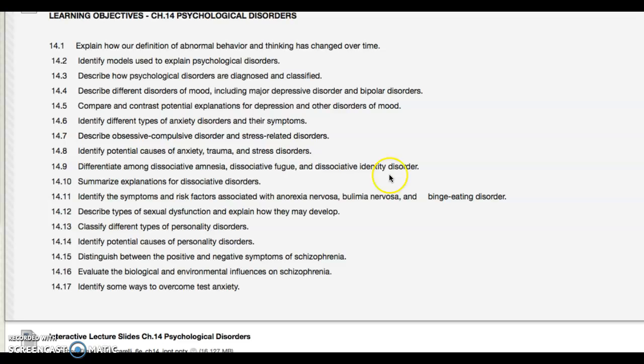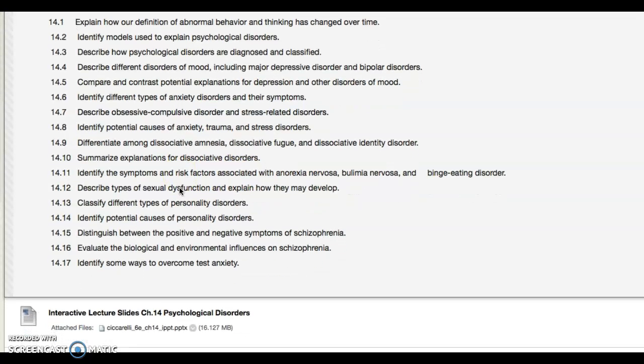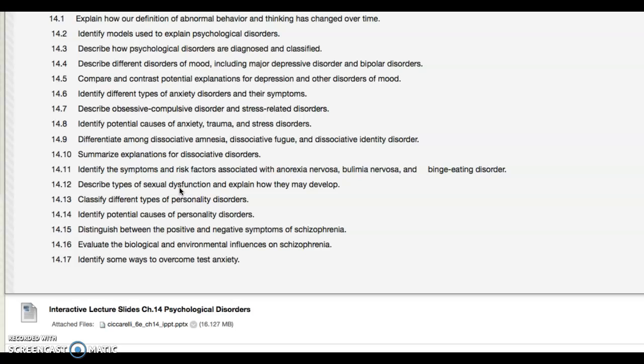So how that happens, we'll have some possible explanations, some different symptoms and diagnoses there. Then we're going to turn to looking at some eating disorders as well as sexual dysfunction disorders, before we then spend a good portion on personality disorders.